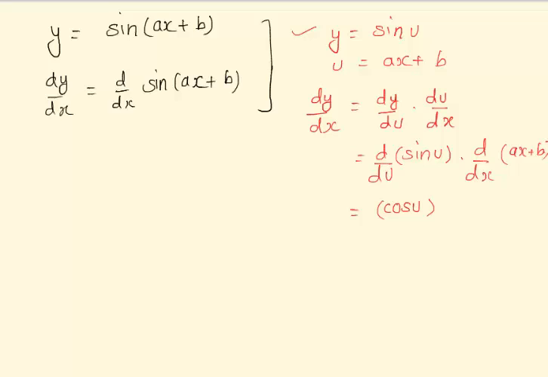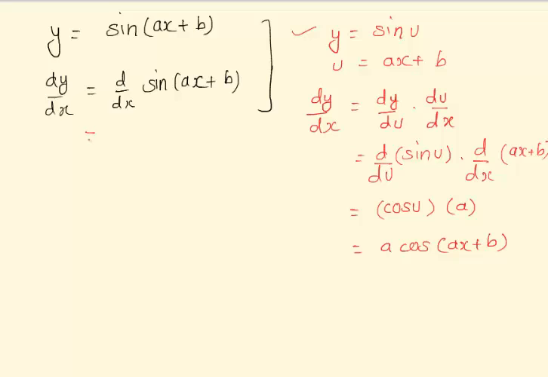B being constant, differentiation of b with respect to x will be 0, and here differentiation of ax will be simply a. So the answer would become a cos u, or a cos of ax plus b, because u is ax plus b.